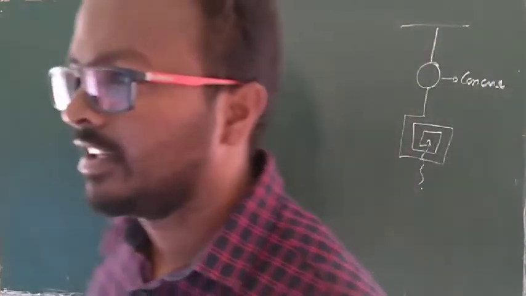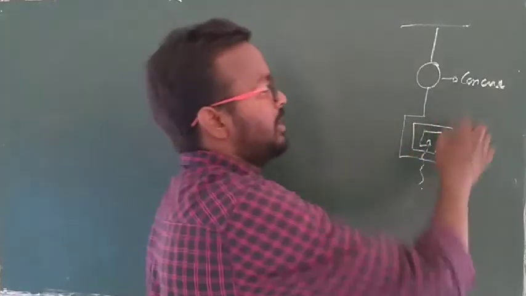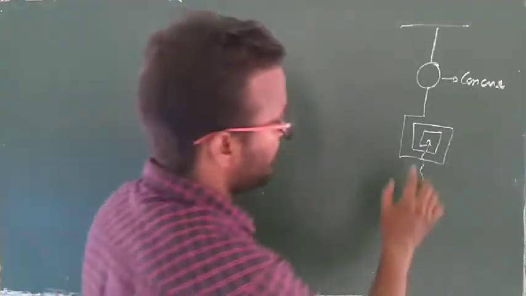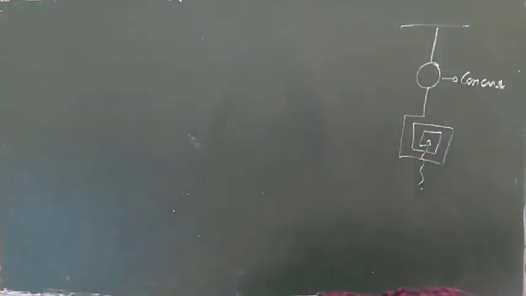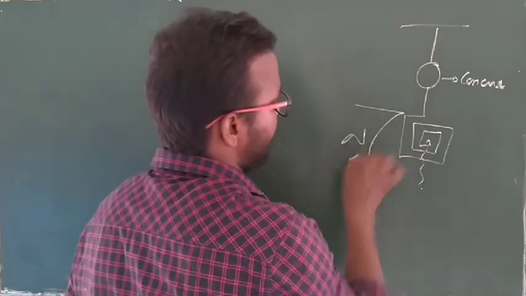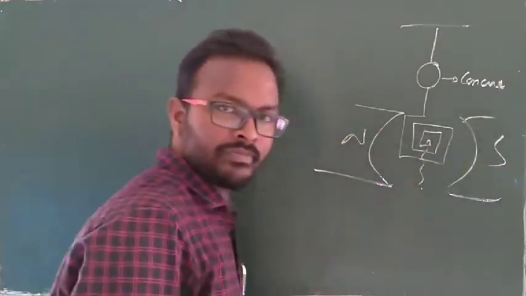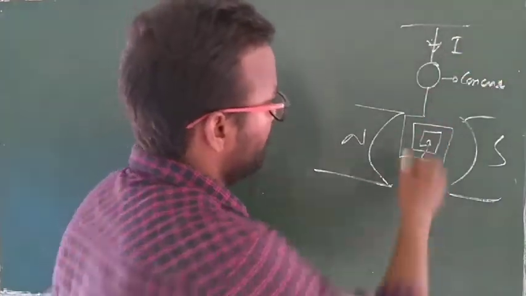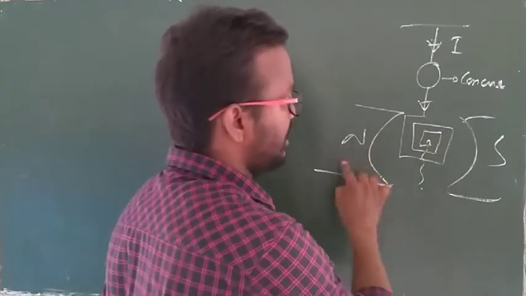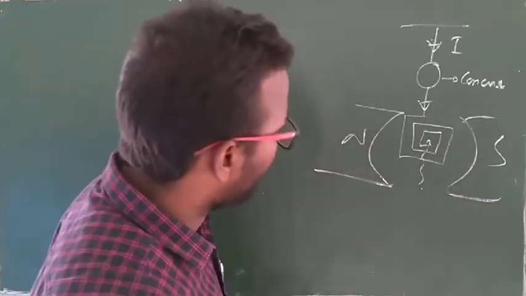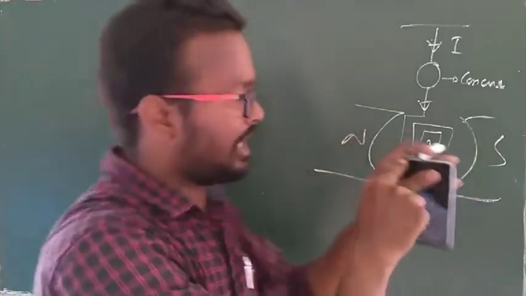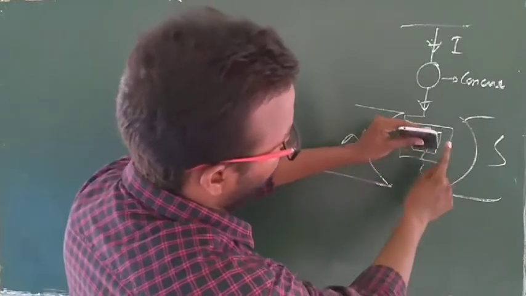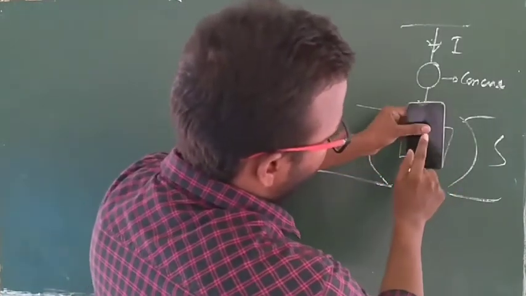Next, we will see what is the use of the concave mirror used in a moving coil galvanometer. This is the coil, placed inside a radial magnetic field. This is the north pole and this is the south pole. If there is current I flowing through the coil, then the coil experiences a torque inside the magnetic field. This is a rectangular coil wound over a soft iron core.